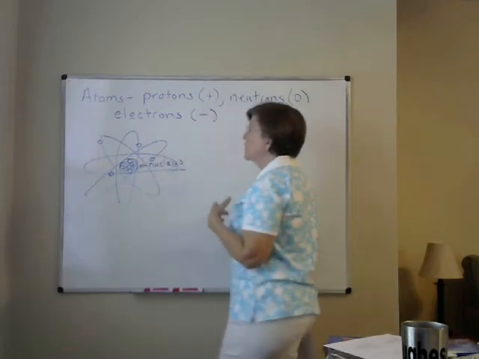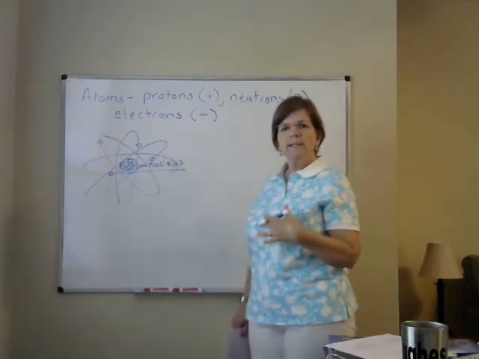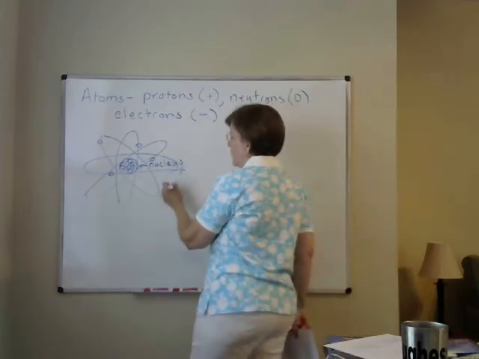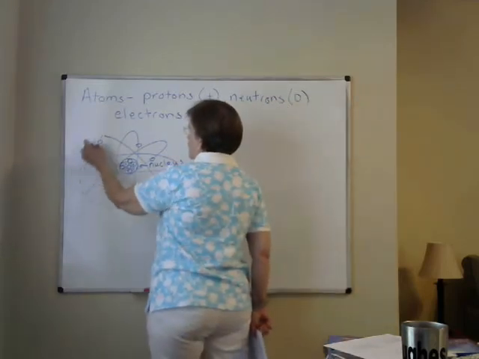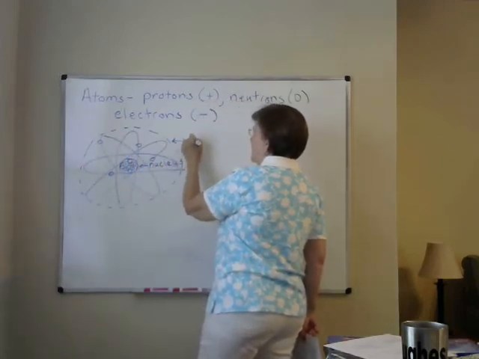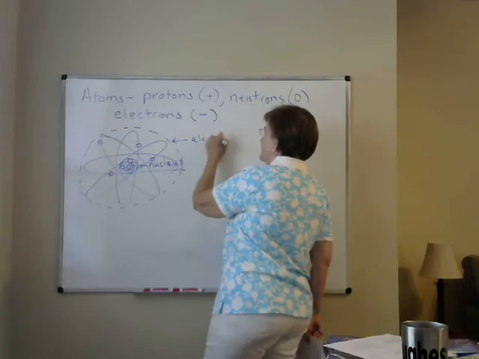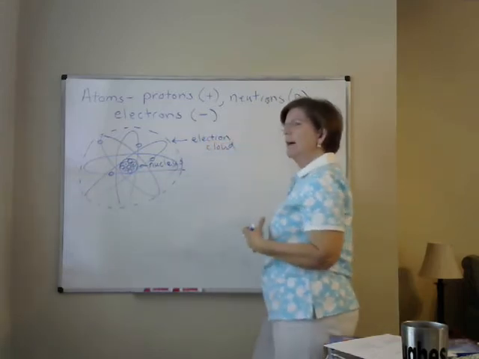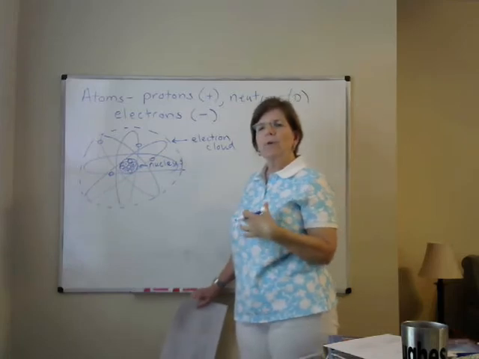But we don't really think of them being in orbit so much anymore. We think of them being in something called an electron cloud. So the nucleus is just surrounded by a cloud of electrons. But inside that electron cloud, there are still considered to be orbits.